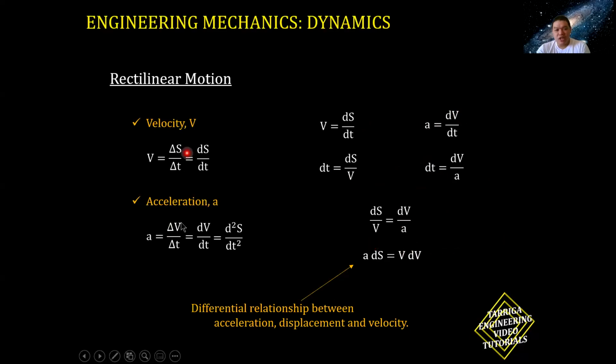These formulas are used in variable acceleration, because variable means it has no absolute value; it changes from time to time. These are the basic fundamental formulas used in dynamics.